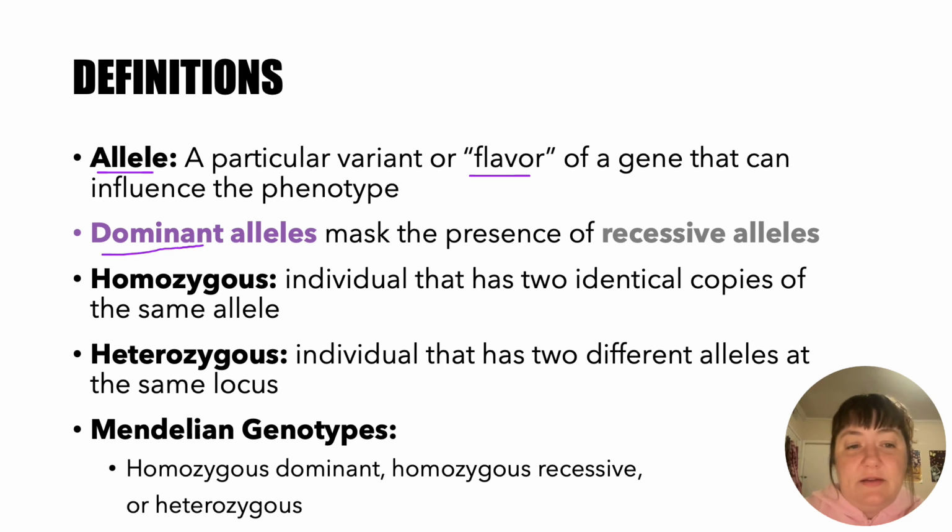And dominant alleles mask the presence of recessive alleles. If an individual has two identical copies of the same allele for a given gene, it's said to be homozygous. And if it has two different alleles at that same locus, then it's heterozygous. And so the options you have for Mendelian genotypes is you can have homozygous dominant, homozygous recessive, or you can have a heterozygous, like a hybrid.